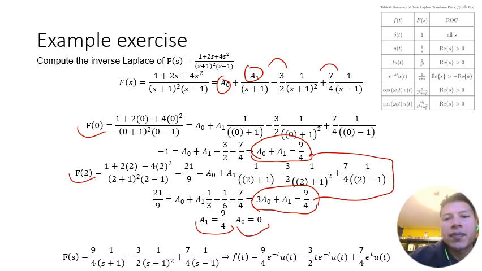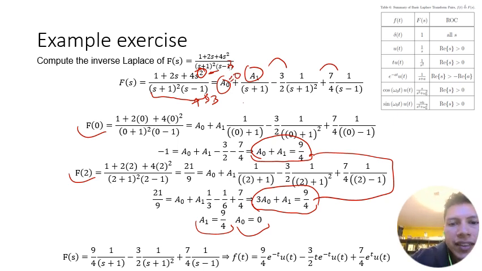Now remember, if the order of the polynomial on the denominator is bigger than the one in the numerator, so basically here we have 2, here we have 3, because these two are not equal, a0 is equal to 0.